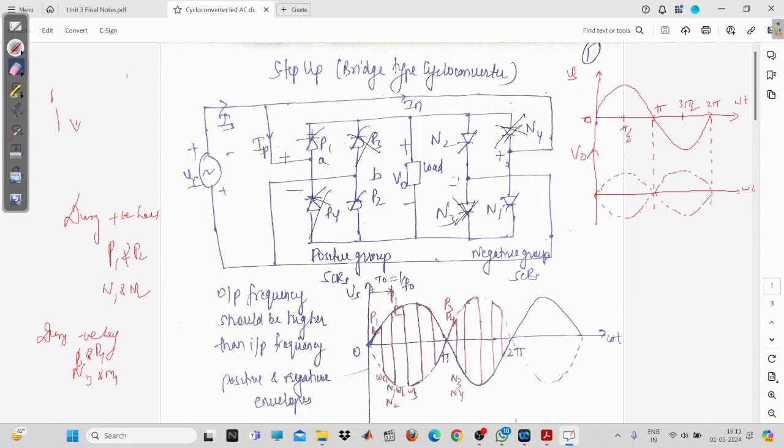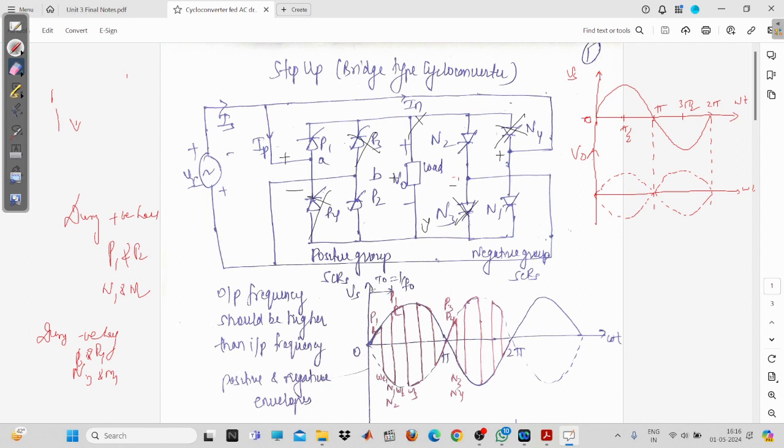Now P1 will be conducting, so the current will flow through this. Now you can see here, this terminal, that is X and Y. X will be more positive, so V0 will be directly applied to this positive terminal, and Y will be applied to this negative terminal. You can see the current is flowing in this fashion: P1, then you have a load, and so on.